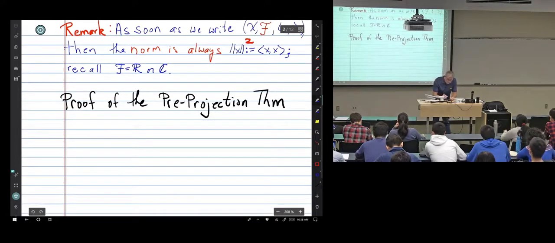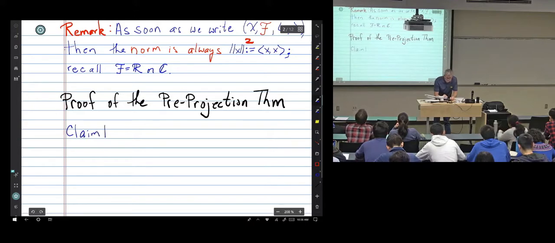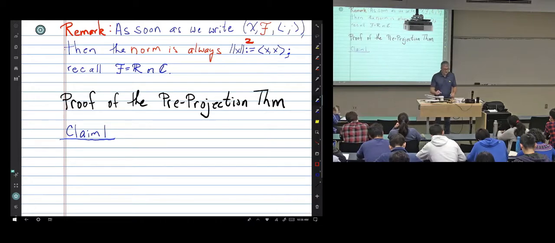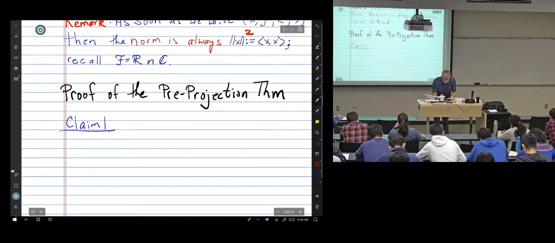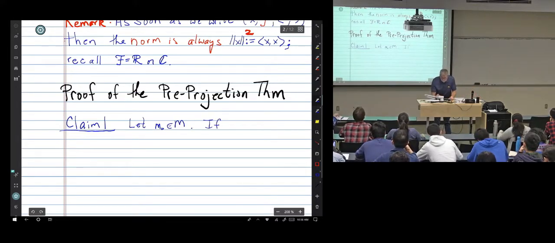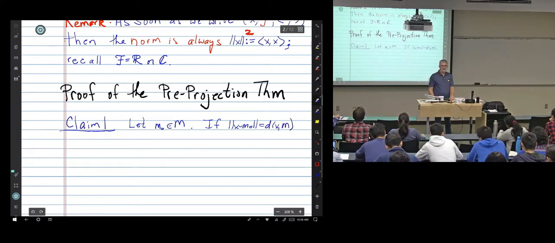So, proof of the projection theorem. I'm going to do it with two claims. We'll do the hardest one first while we're fresh. So let M0 be a point in M, if the norm of x minus M0 equals the distance from x to M. Question?